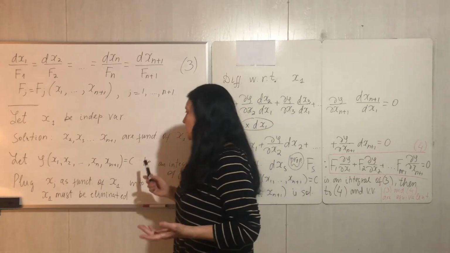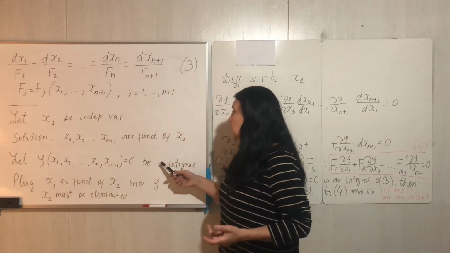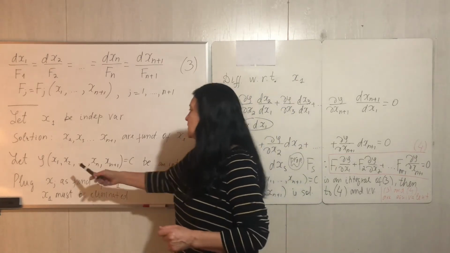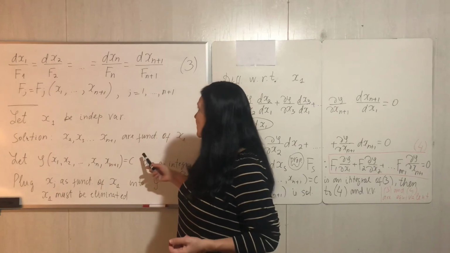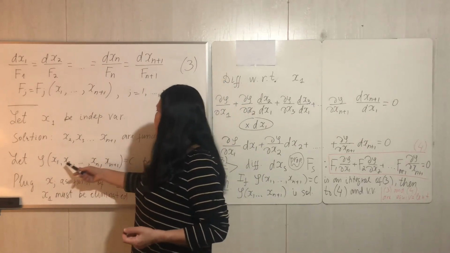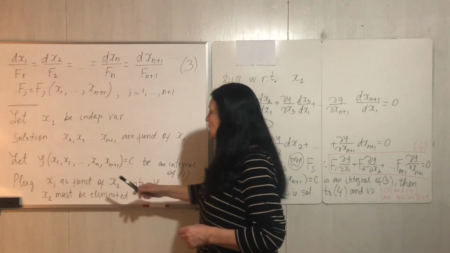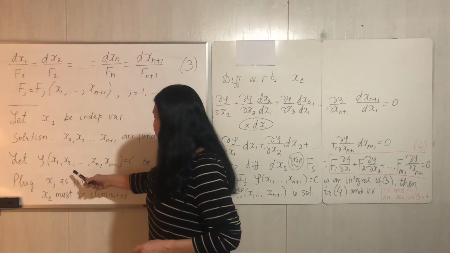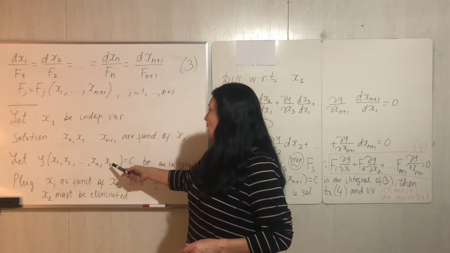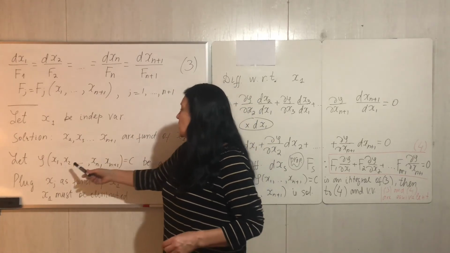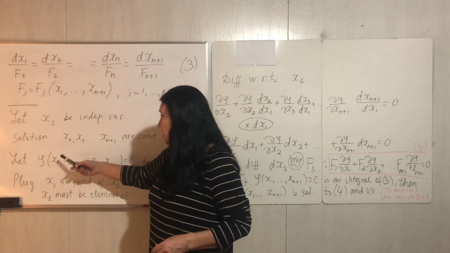And now let's assume that phi is our integral, right? We just talked about integrals of the system of equations, so let phi be this integral. And then what happens if we plug for x2, x3, and the rest of them our solutions? So instead of x2, we'll plug a function that depends on x1.